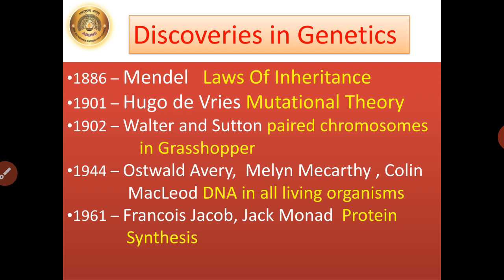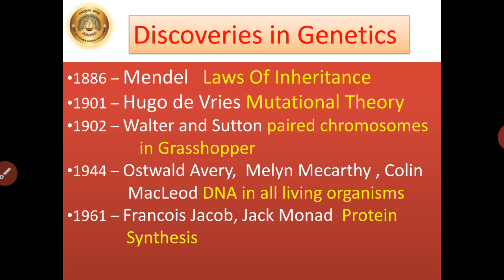So, students, the science of heredity is useful for diagnosis, treatment, and prevention of hereditary disorders, production of hybrid varieties of animals and plants, and in industrial processes in which microbes are used.